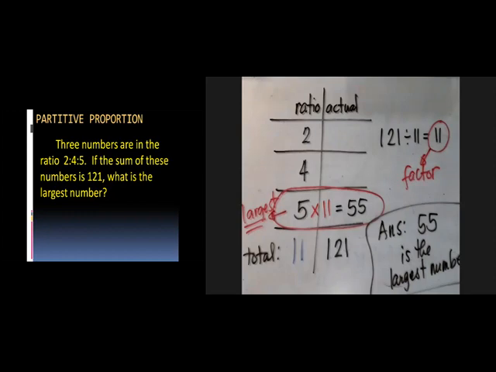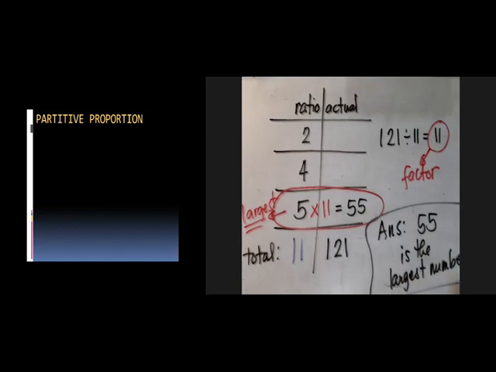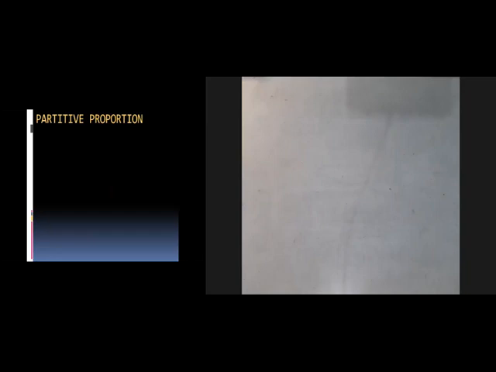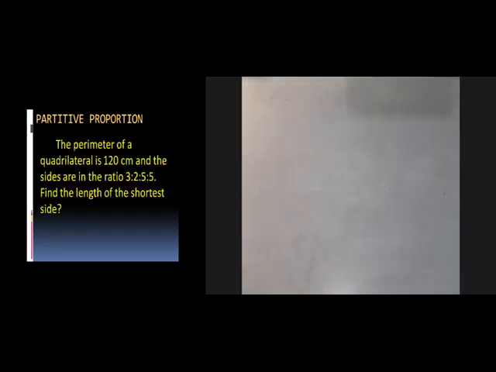Now, let's move on to our third problem. The perimeter of a quadrilateral is 120 centimeters. And the sides are in the ratio 3:2:5:5. Find the length of the shortest side.